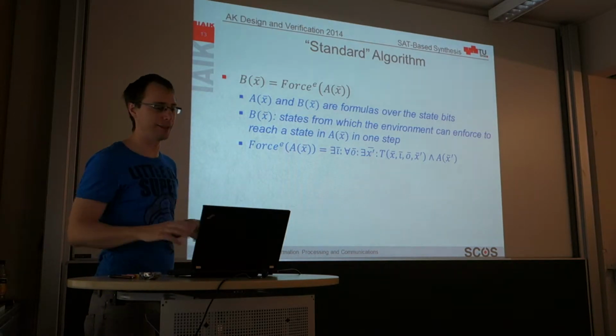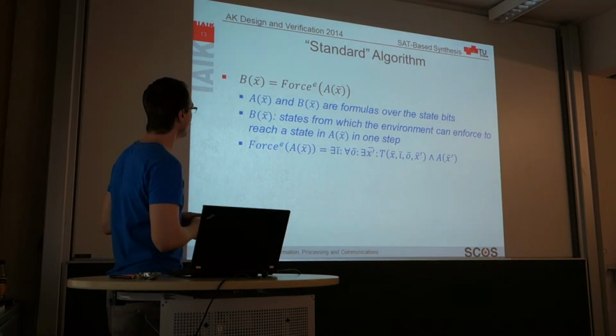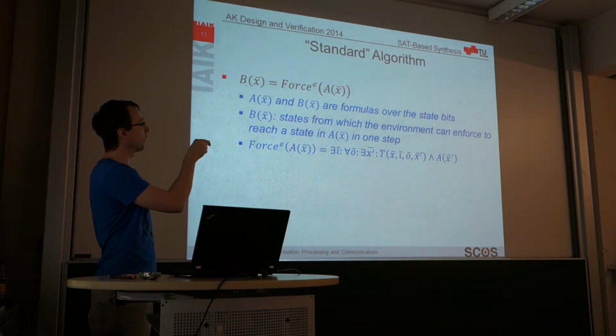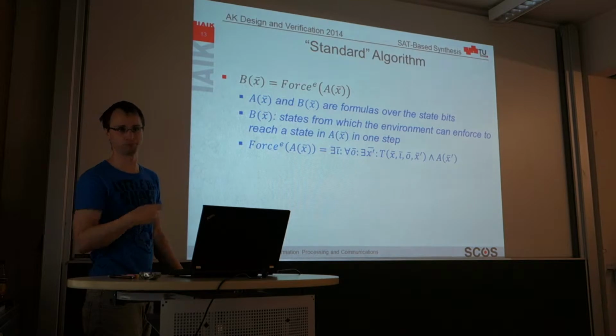Just keep in mind the informal meaning of this force function: namely, it gives us all states from which the evil environment can enforce to reach A in one step.